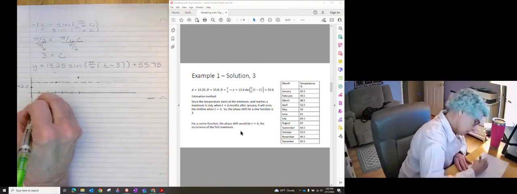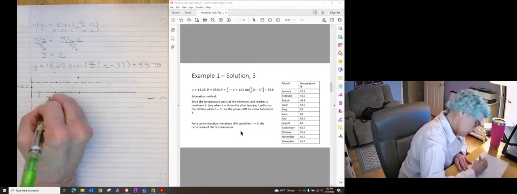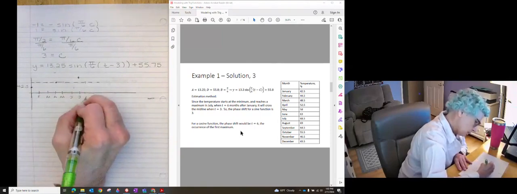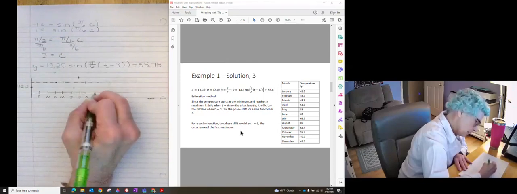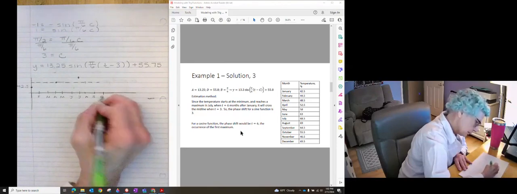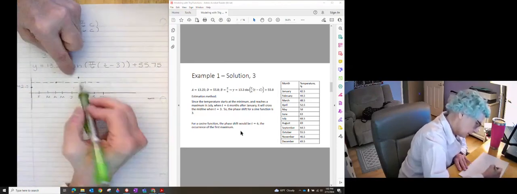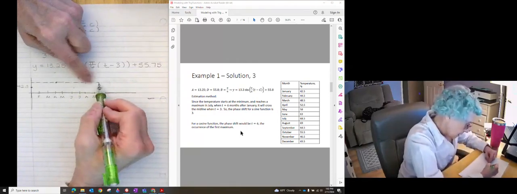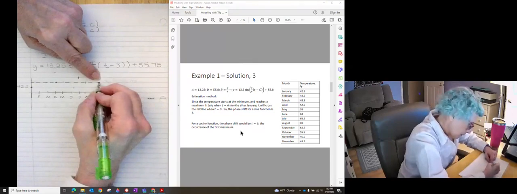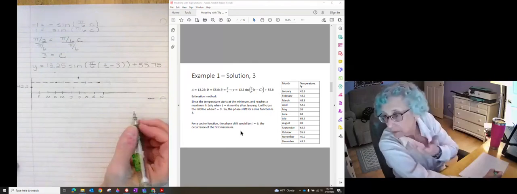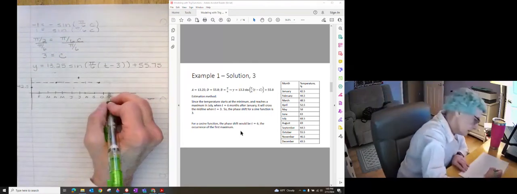So here is February, March, April, May, June, July, August, September, October. So we had our max here in July, August, September, October. We're back to our midline, which is about 55.5.